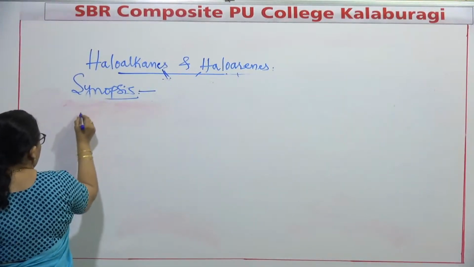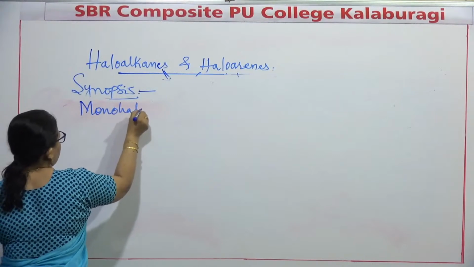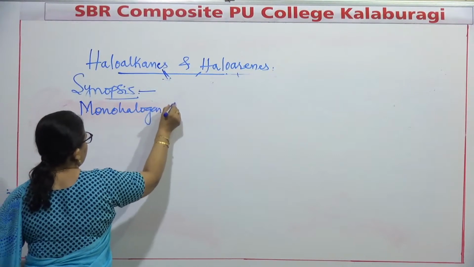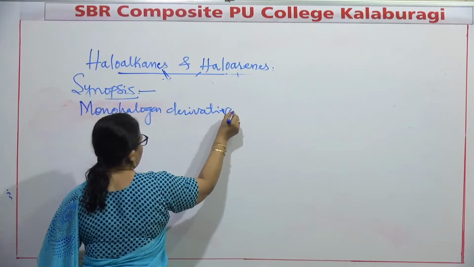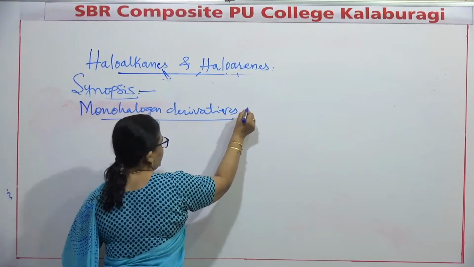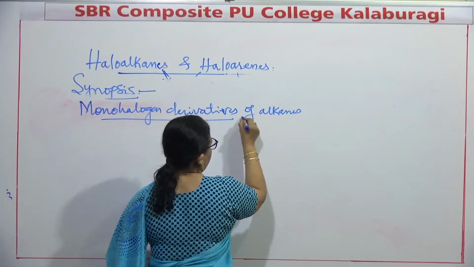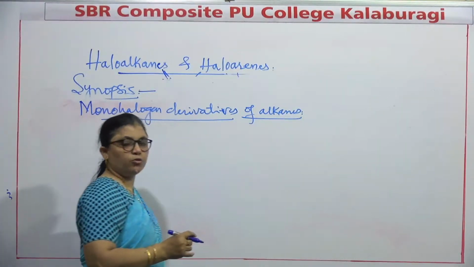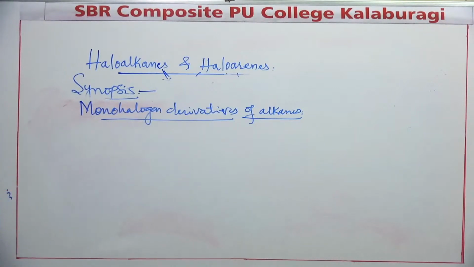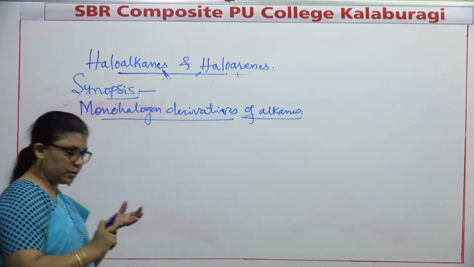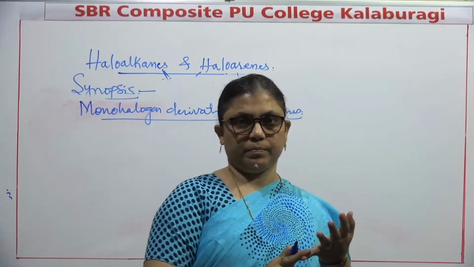Monohalogen derivatives of alkane can be classified on the basis of different factors. There are two ways to classify them. First, on the basis of nature of carbon atom.